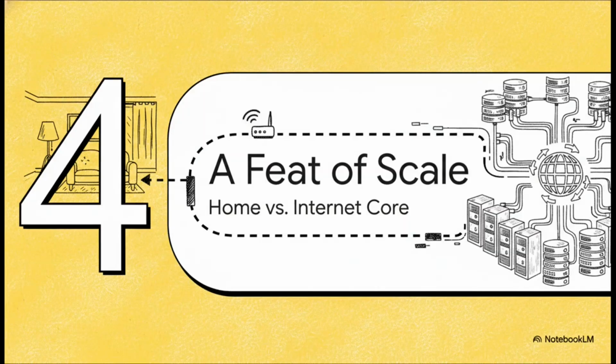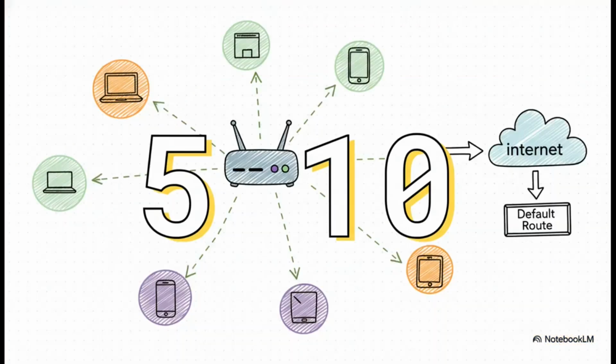Okay, so understanding the logic is one thing. But what makes this whole process truly mind-boggling is the sheer scale of it all. Going from your tiny home network all the way to the very heart of the internet. So let's start at home. Your home router? It has a pretty chill job. Its map, its routing table, probably only has 5 to 10 rows in it.